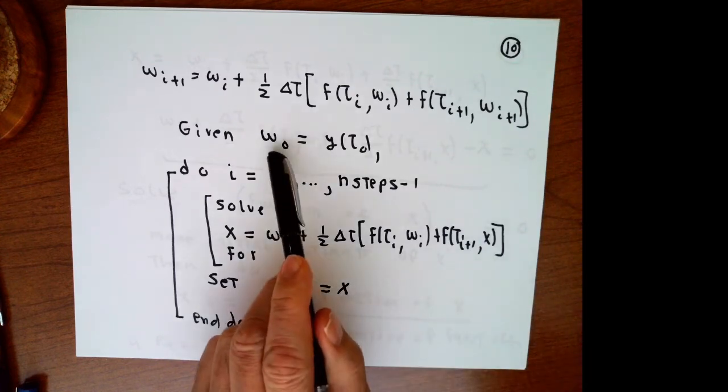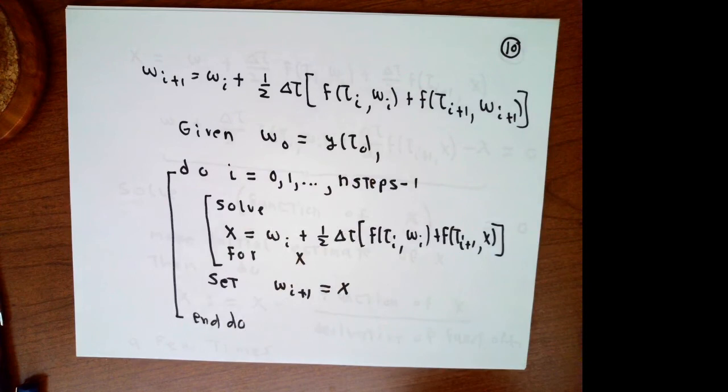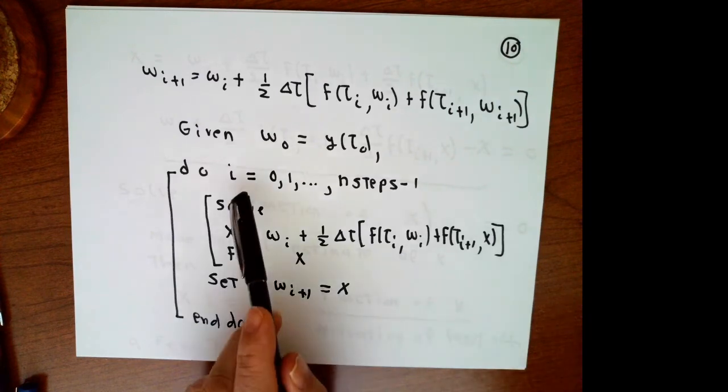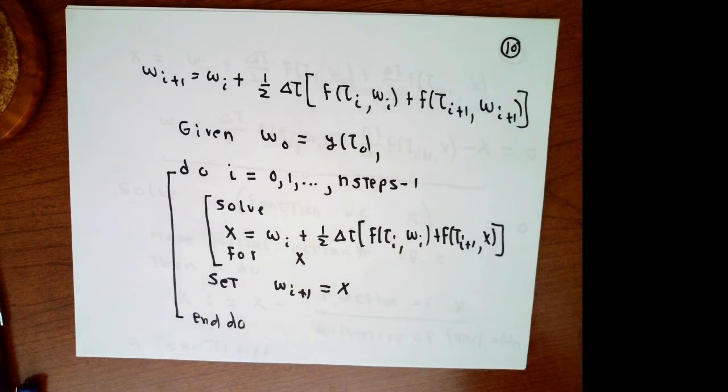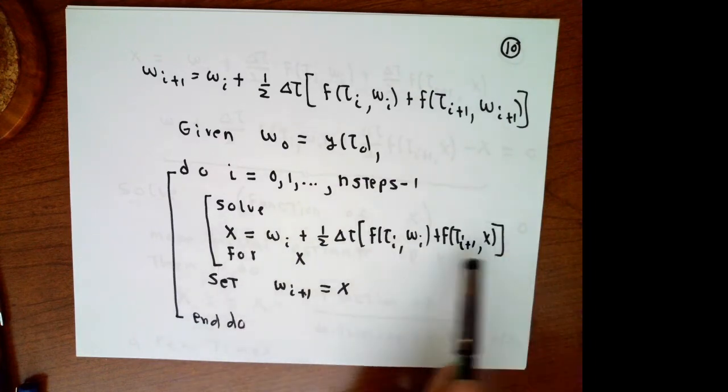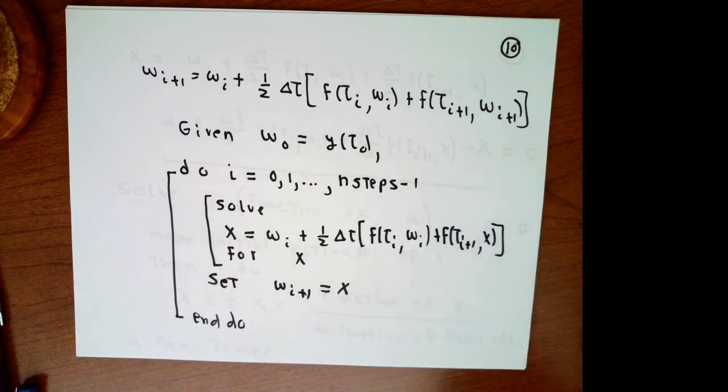Initially, we'll set W0 equal to the exact solution at T0. We know that number because that's the initial value of the initial value problem. And then for i equals 0, 1, 2, up to n steps minus 1, we're going to solve the above equation, where I'm writing x as an abbreviation for Wi plus 1.